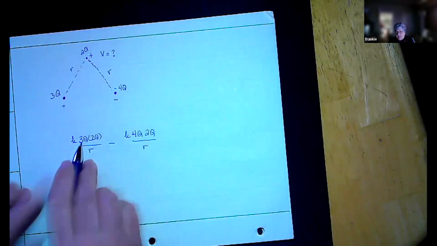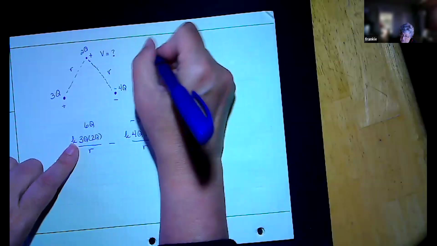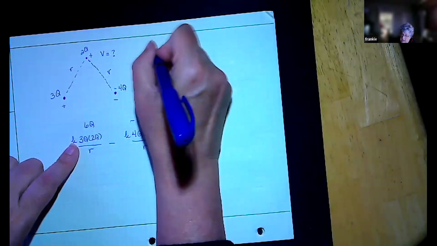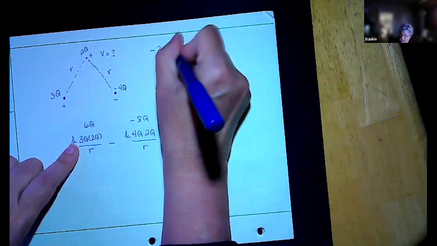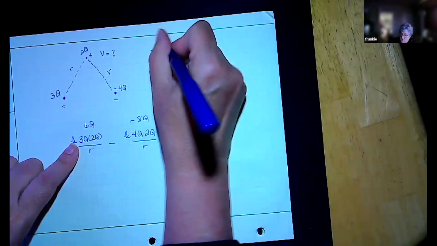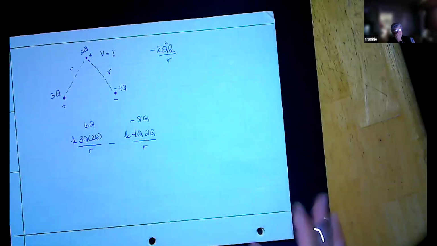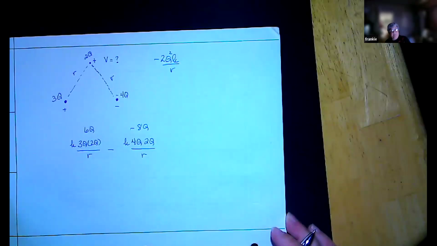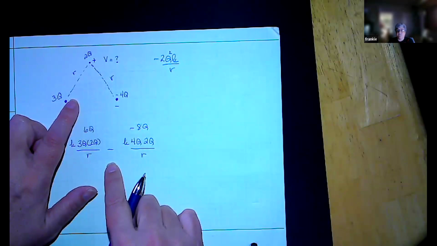So I've got 6Q here, and I have minus 8Q there. Well, my potential is going to be a negative 2Q k, that's Q squared, divided by R. And we can just add these up without having to do all of that lovely vector notation.